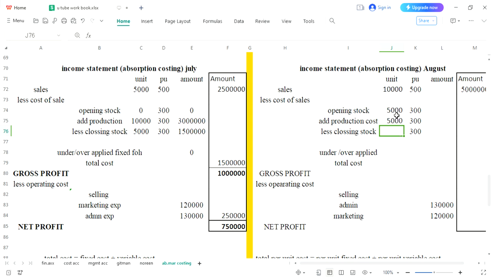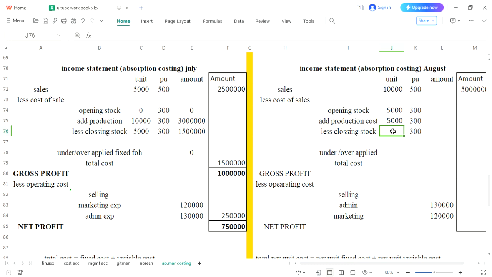Last month there was a closing number of units of 5,000. It was balanced units. That means we were already having 5,000 units. This month we have produced 5,000 additional units. Total 10,000 units we were having for the month of August. And how many units have you sold? 10,000. It means how many units should be present in your pocket?